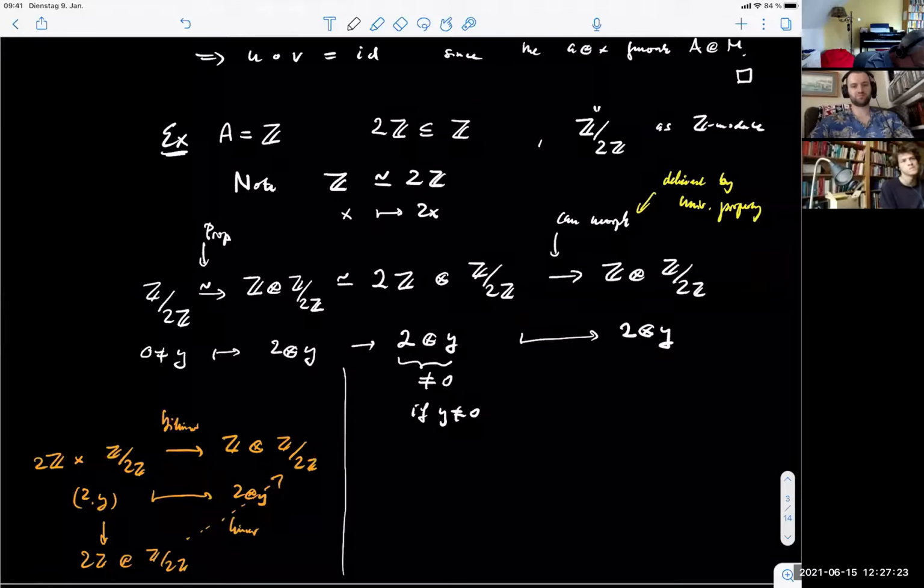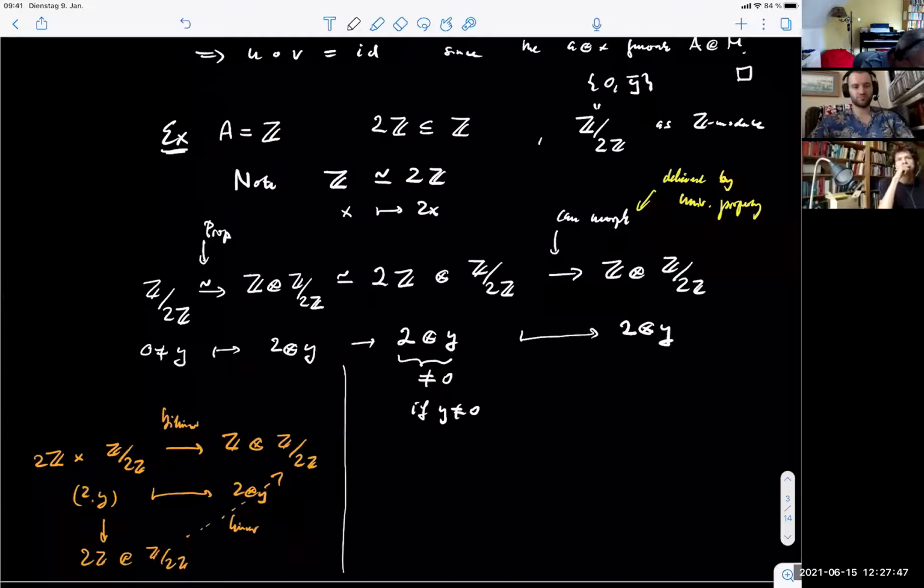This thing just has two elements, 0 and y. Sometimes y is the special element, but it can also be general, hopefully you are not confused. Let's call it y bar.